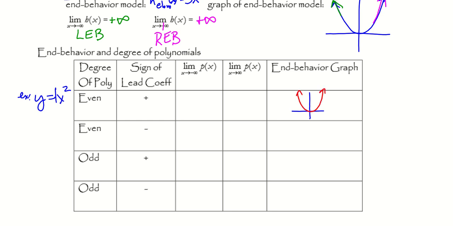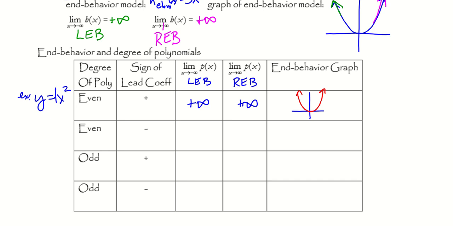Based on that graph, the left end behavior will be positive infinity because our graph is going up on the left, and our limit as x goes to positive infinity, our right end behavior, will also be positive infinity.